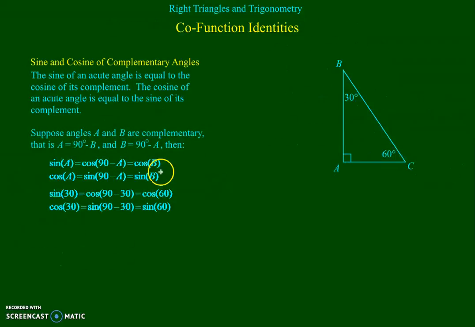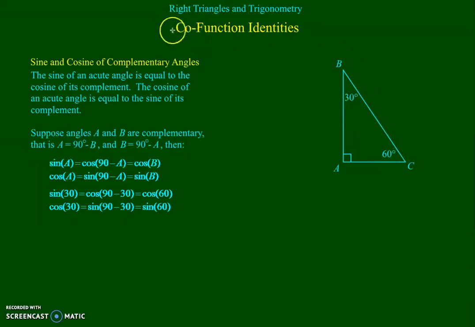In this section, we're going to investigate the idea of cofunctions. Now, frequently in our study of right triangles, we realize that the acute angles are complementary. And that word complementary means the angles add up to 90 degrees.